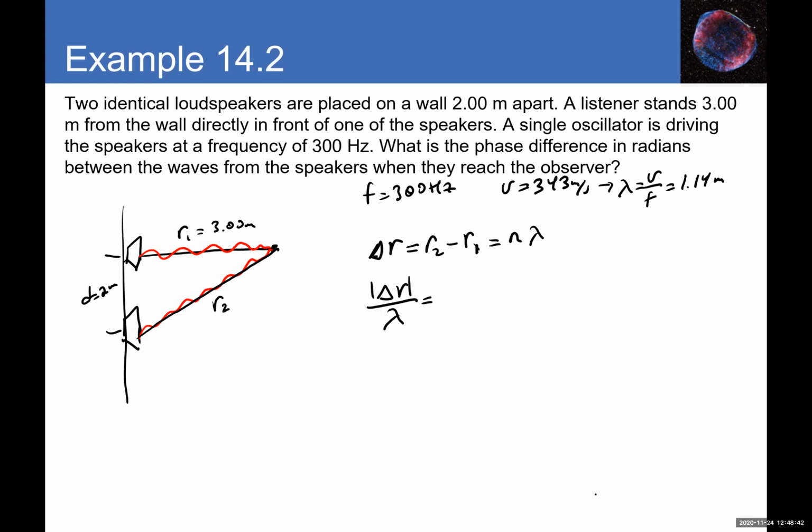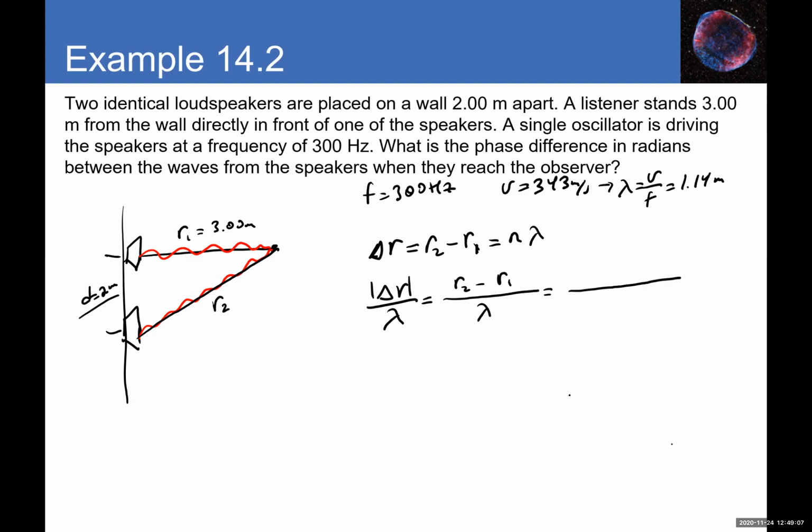Well, what is delta R? Delta R is R2 minus R1, divided by the lambda. And what is R2? We're not given R2, but there's a right triangle, where D, the 2 meters, is the opposite and R1 is the adjacent.